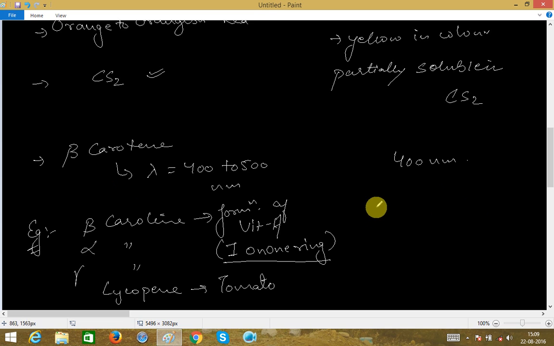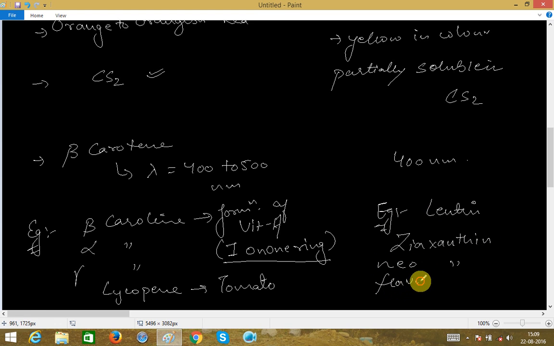Okay, then same way, coming over to the examples for xanthophylls, that is lutein. Lutein could be there. Then there could be zeaxanthin. Then there can be neoxanthin. There could be flavoxanthin. Okay, all these things.